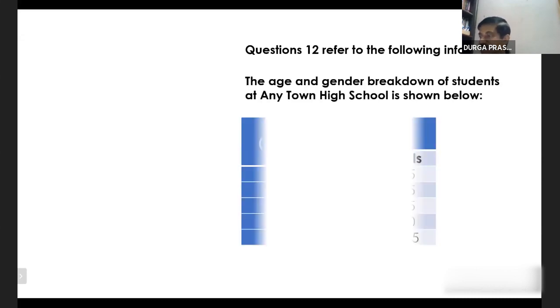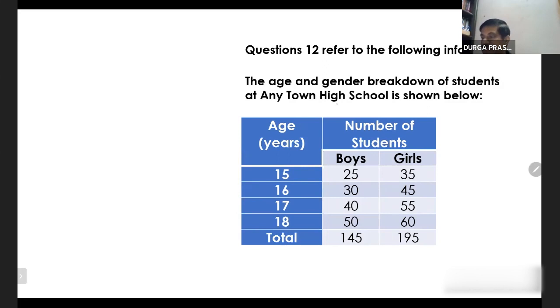What is the information given here? The age in years and number of students. Age and gender breakdown of students at a town school is shown below. With age group 15, there are 25 plus 35, so a total of 60 students in that 15 years age group.